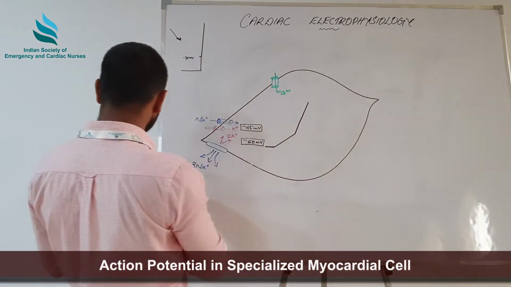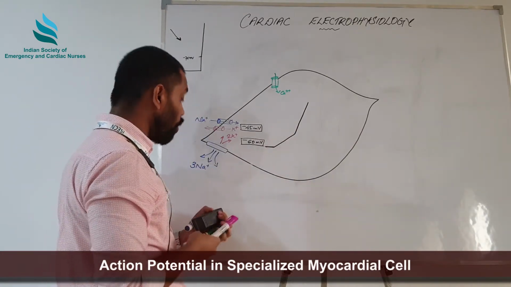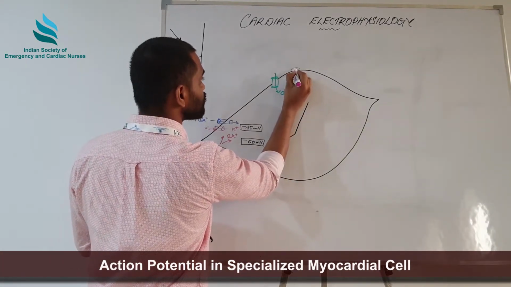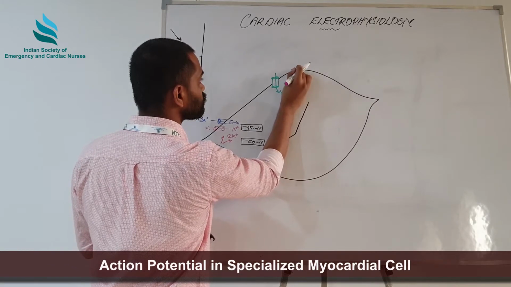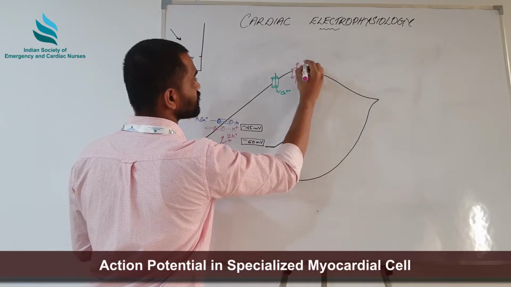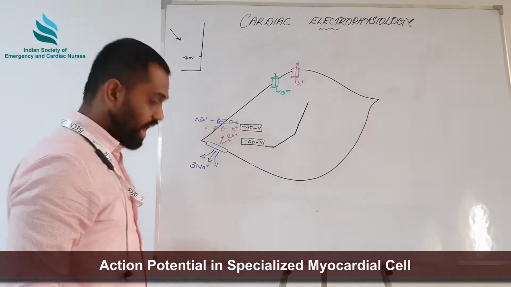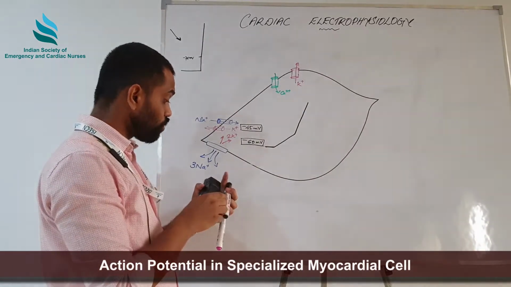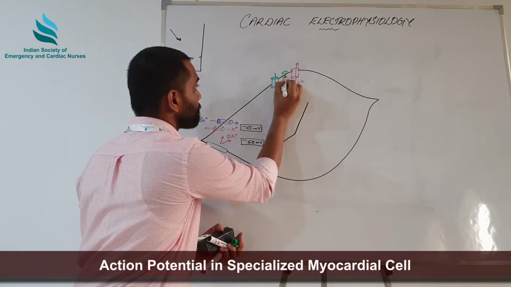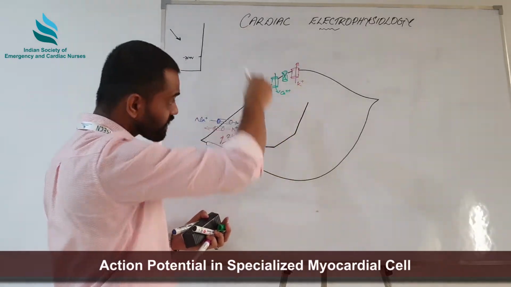Now as depolarization happens, the next set of channels to open are the potassium channels. So voltage-gated potassium channels will open here. As they open, the cell will start losing potassium. Here we also have closure of calcium gates, so there are no more cations coming in.